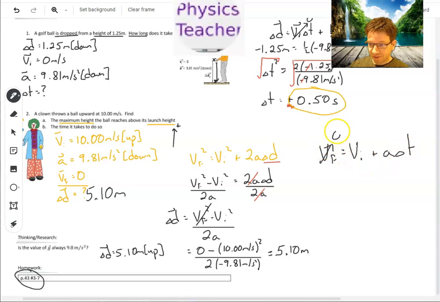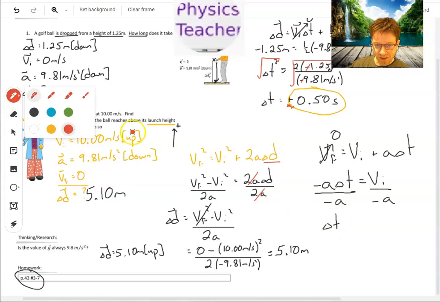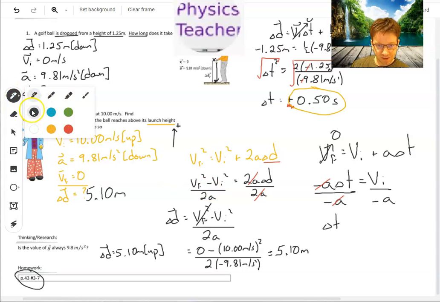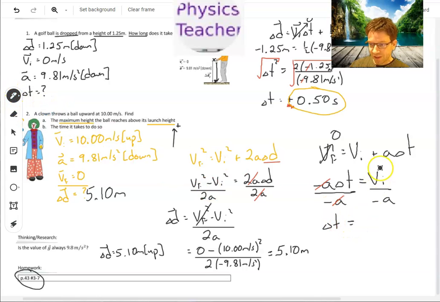Final velocity is 0. And we can bring a delta t to the other side of the equation, so subtract it from both sides, and then divide both sides by negative a. And so you get time. Your negative a's will cancel, so you'll get time isolated there on the left side, which equals initial velocity, which we have as 10 meters per second, and it's positive.